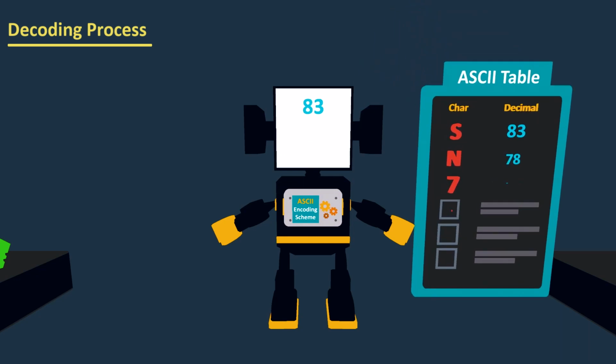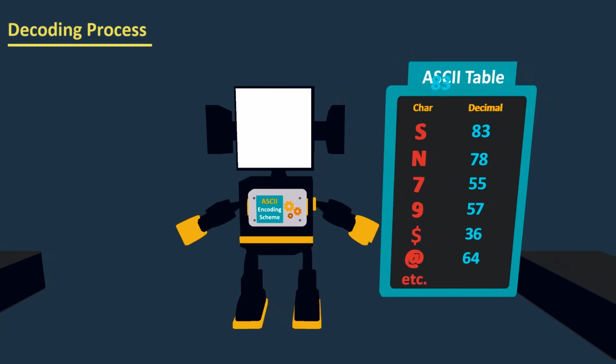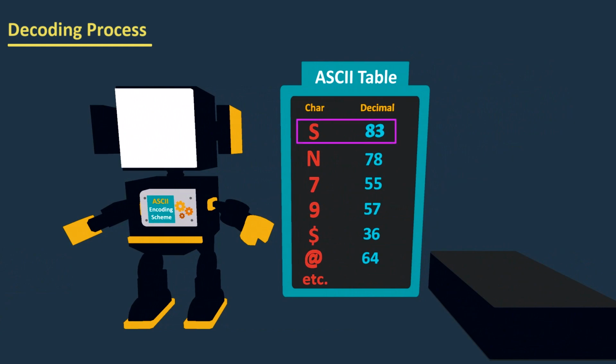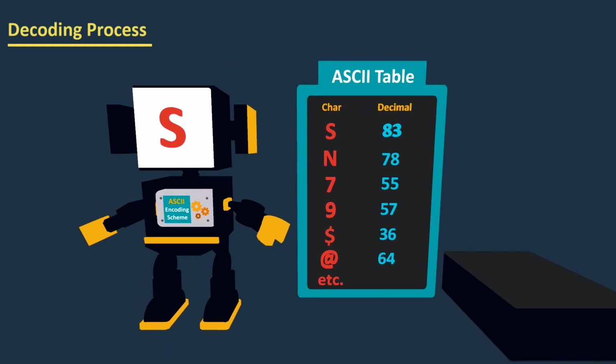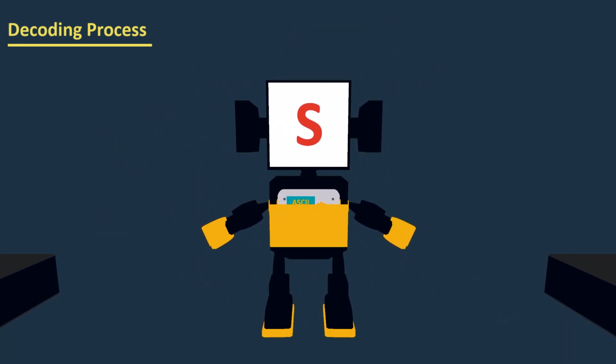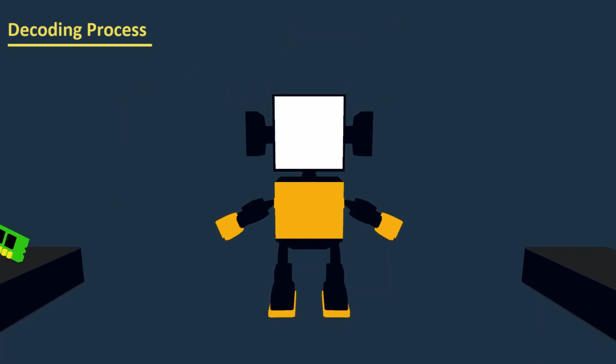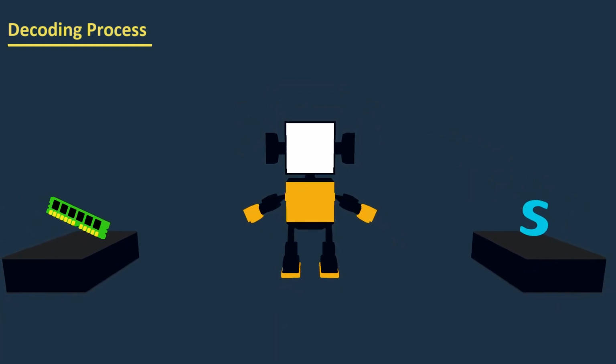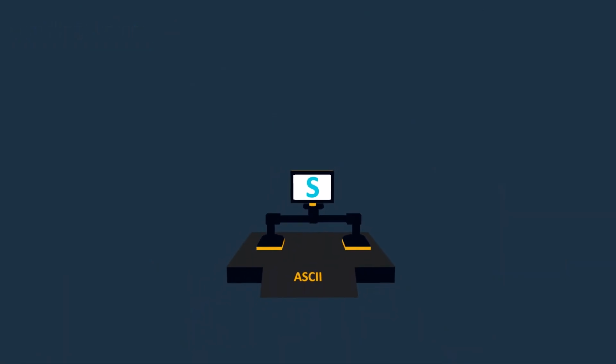Then, using the ASCII table, the computer looks up the corresponding character for the ASCII code point, which in this case is the uppercase S. Next, it displays the character on the screen. What we've just said is an example of how computers decode textual data using ASCII rules. Alright, so far so good.